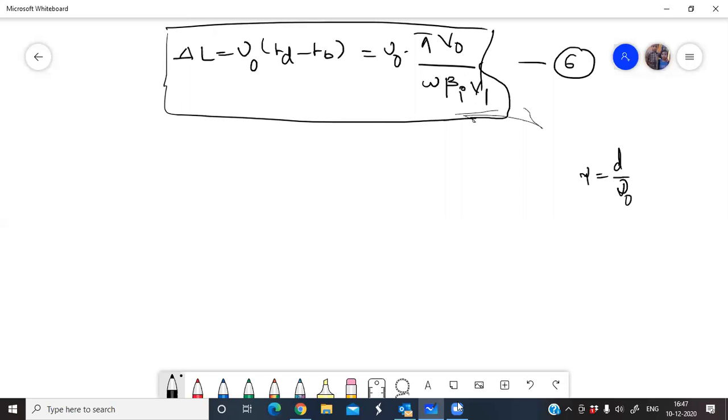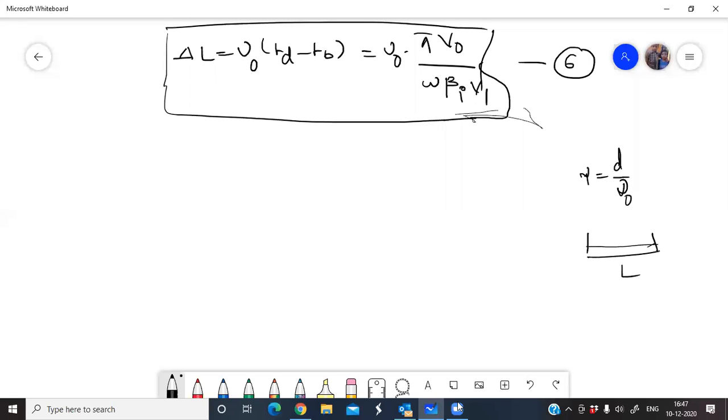But here, this is the buncher cavity and this is the catcher cavity, and the electron is drifting from buncher cavity to catcher cavity. I assume this spacing is L.